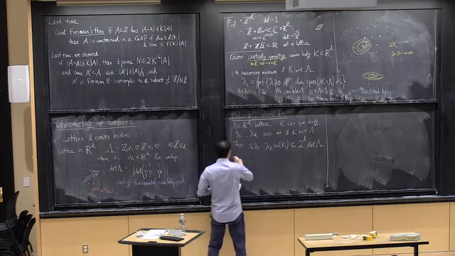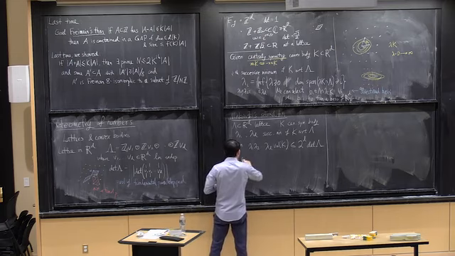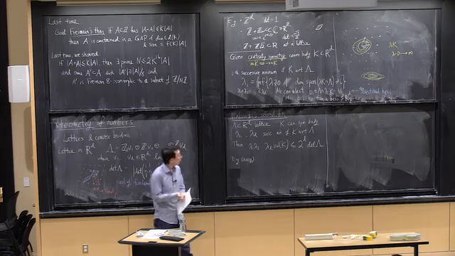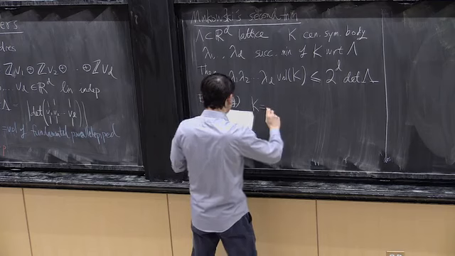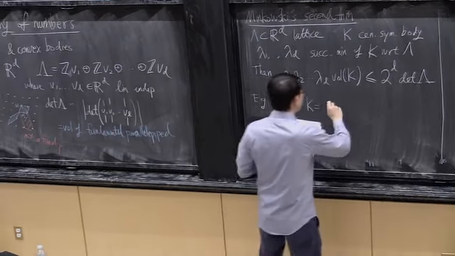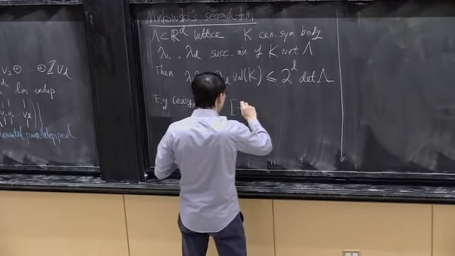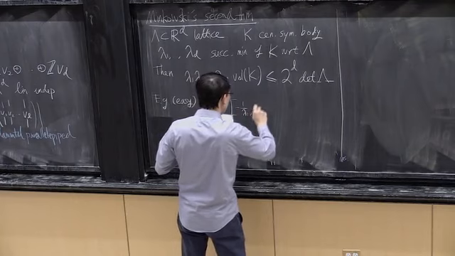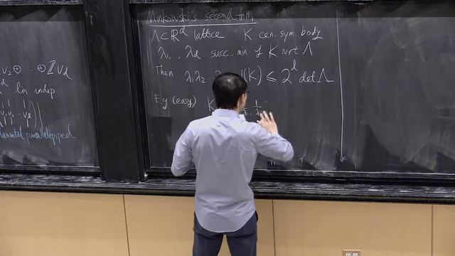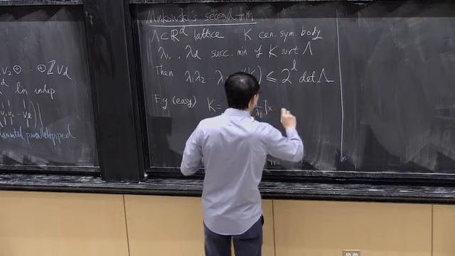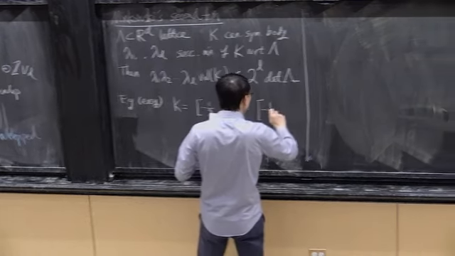For example, here is a very easy case of this Minkowski's second theorem. If your K is an axis-aligned box, namely, it is a box where the width in the ith direction is 2 over lambda_i.